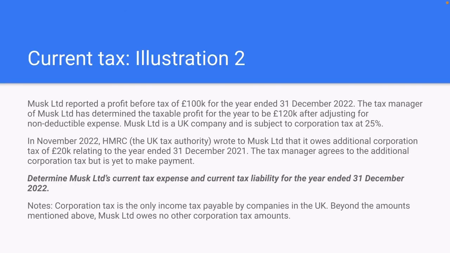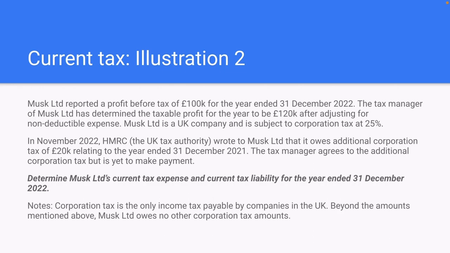So second illustration, this is very similar to the first illustration. The additional point here is on paragraph 2, where it says that in November 2022, which is before the end of the year, HMRC, which is the UK Tax Authority, wrote to Musk Limited that it owes additional corporation tax of £20,000 relating to the previous year, which is the year ended 31 December 2021.